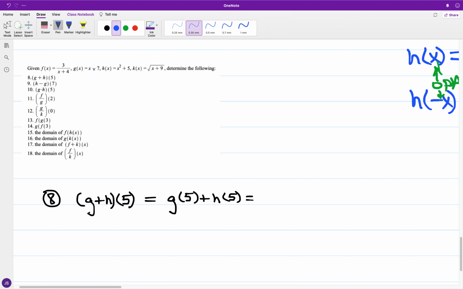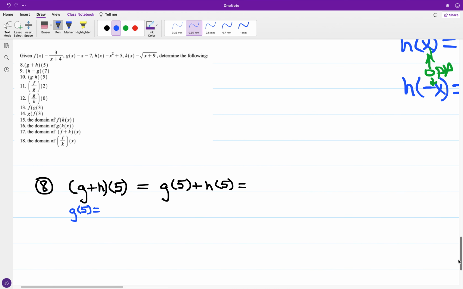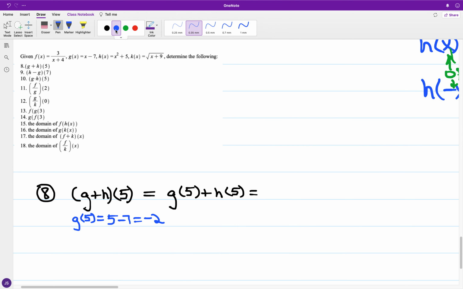And we can go ahead and specify the values. With g of 5, you have g of x equal to x minus 7, so g of 5 is equal to 5 minus 7, which is negative 2. And for h of 5, you have h of x equal to x squared plus 5.